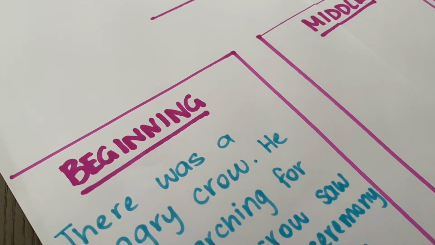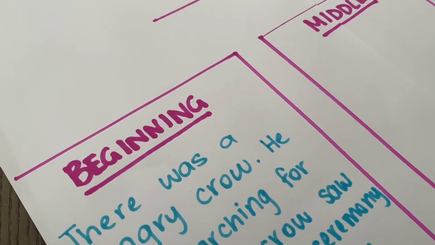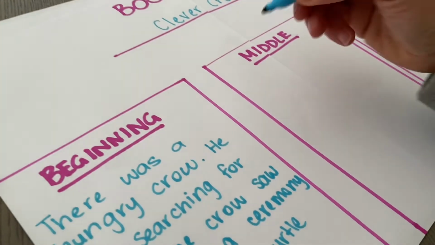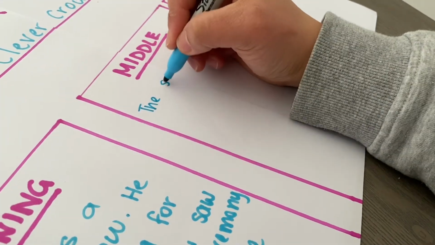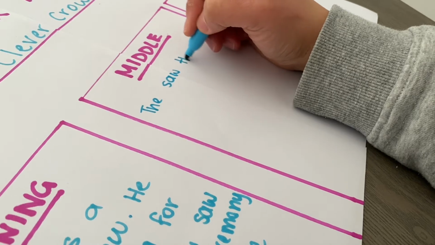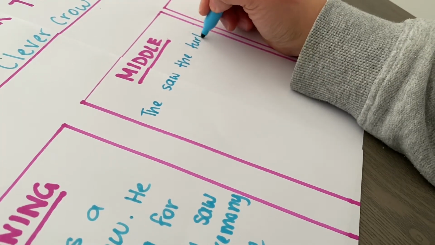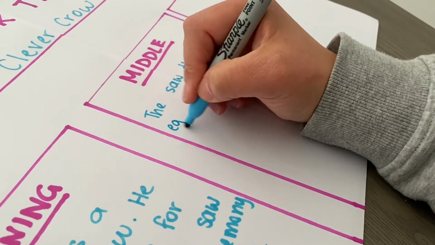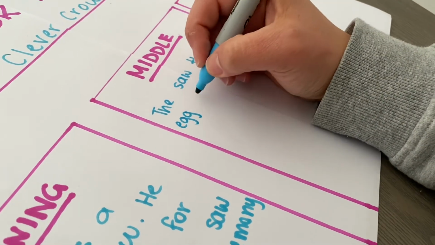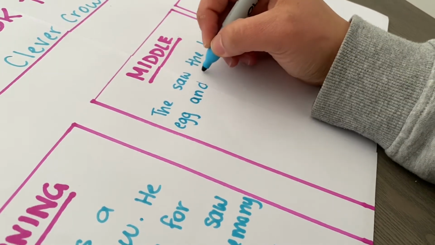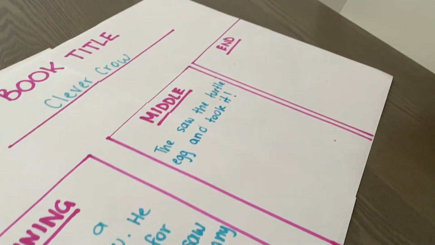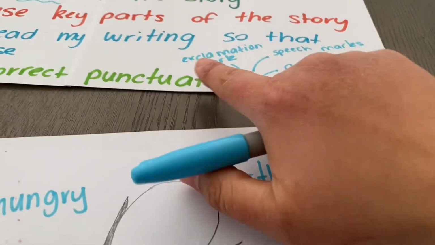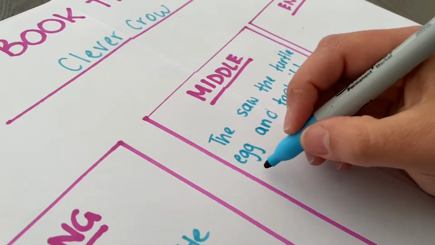Let's think about the story again. Oh, that's right. So the crow saw the turtle egg and took it. And I've used an exclamation mark, and I know that was a reminder to use that in my success criteria as well. He took it.